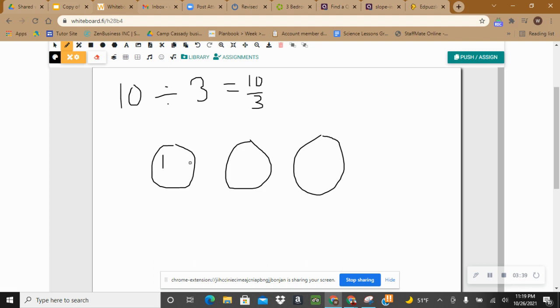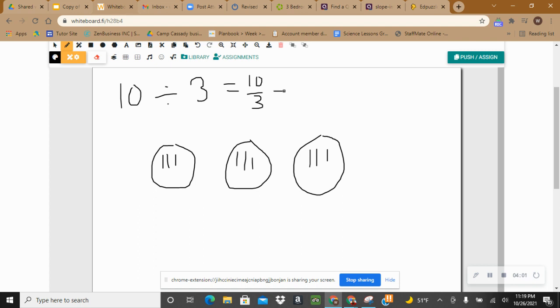So this person gets 1, and I'm going to count until I can't give an even amount. So 2, 3, 4, 5, 6. Let's see if I can do it again. 7, 8, 9. I'm close to 10, so I can't do it again, all right?